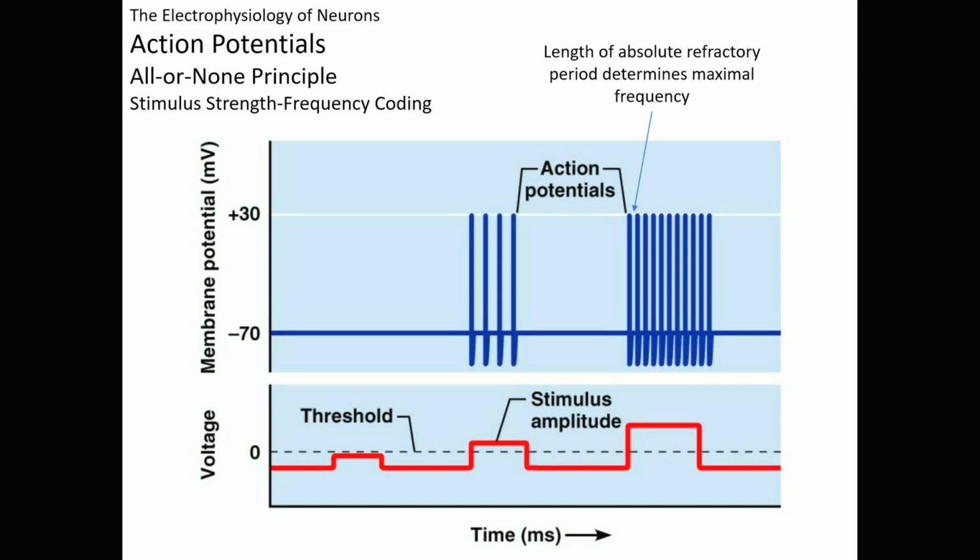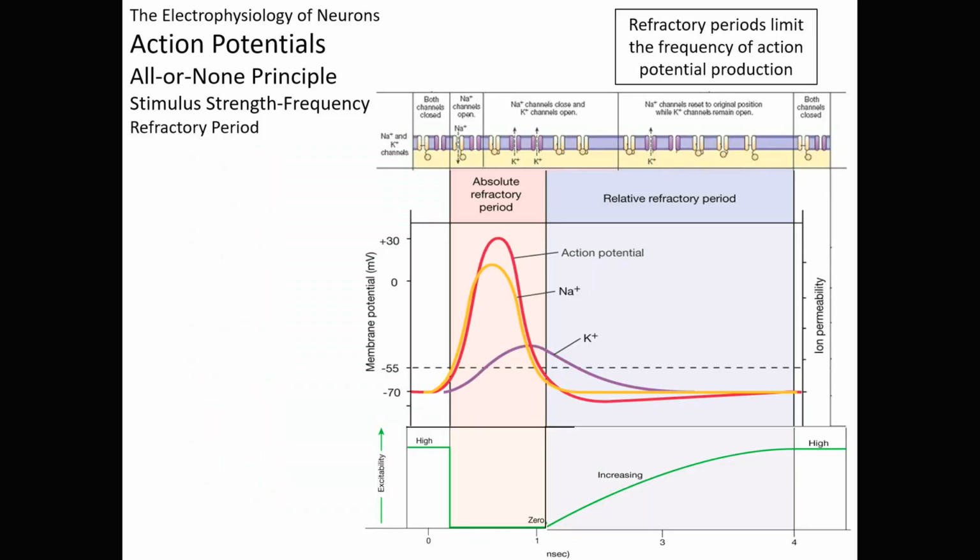There is an upper limit to how many action potentials we can generate per unit time. At some point, even this strength frequency coding is going to tap out. We can keep going to stronger and stronger stimuli, but we can't generate action potentials any more frequently because the limiting factor becomes the length of the absolute refractory period.